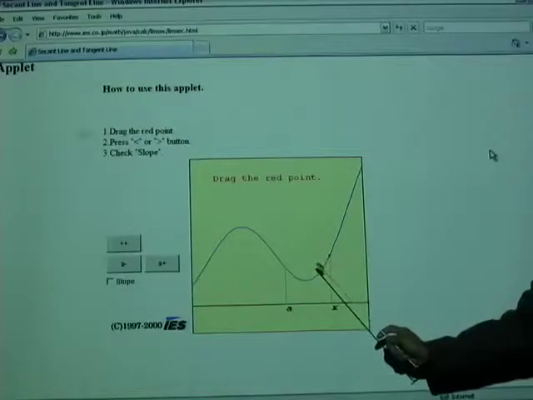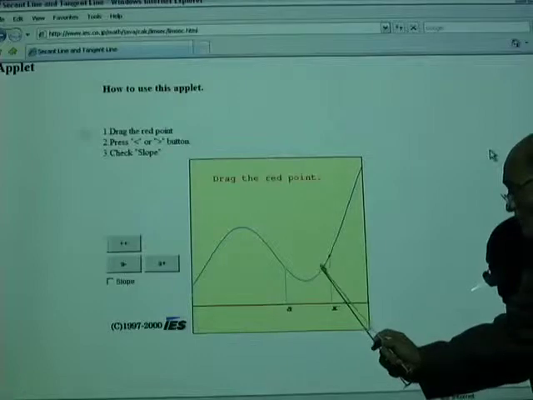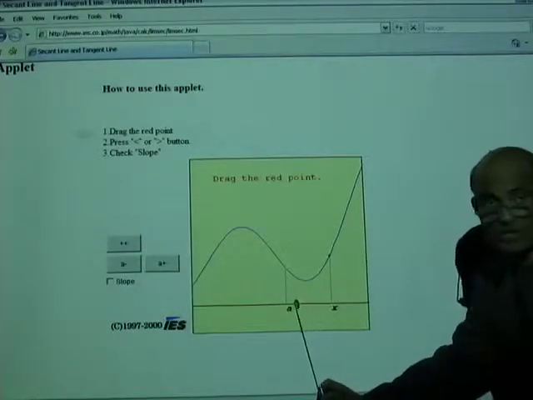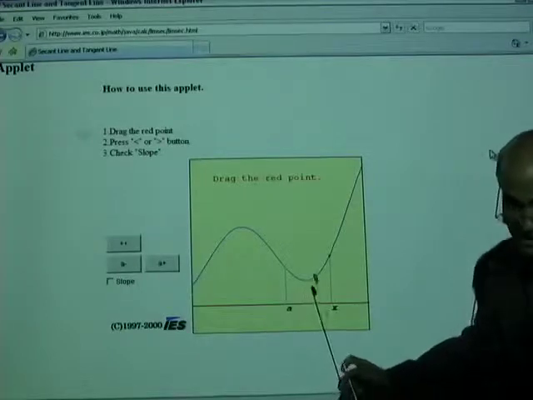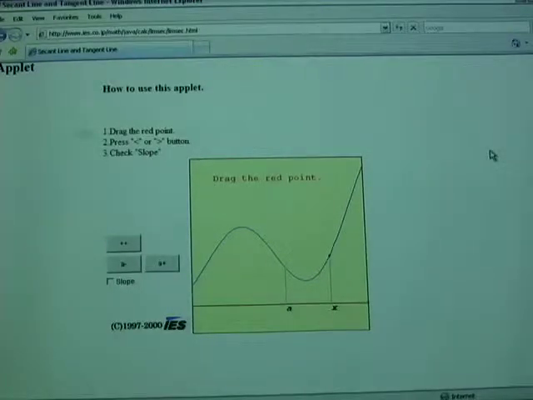Now, here is another animation. I'm going to drag this red point and change this interval. Now, when this interval is made smaller and smaller so that delta x becomes very close to 0, see what happens. This is the secant line now, and see how when the interval becomes smaller and smaller, the secant line becomes almost the tangent line.